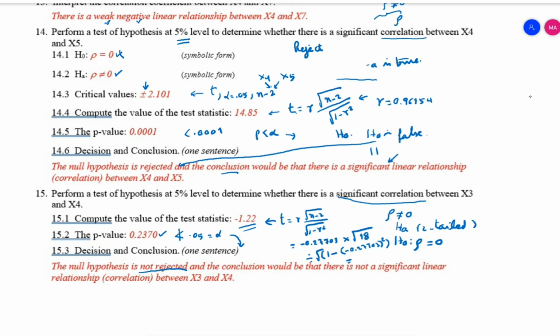Then the calculation is about HA: significant linear relationship. HA is false. H0 is true. That means you don't reject it, you accept this. HA is false. This is the conclusion. HA means a significant linear relationship exists if true. False means no significant linear relationship.